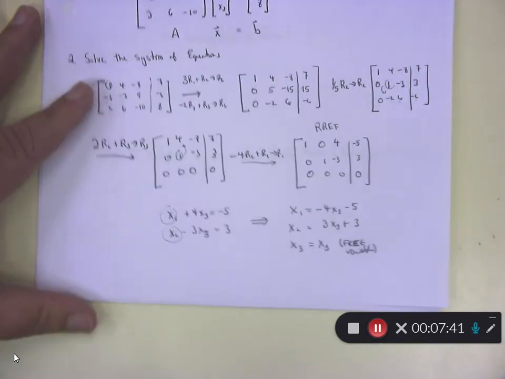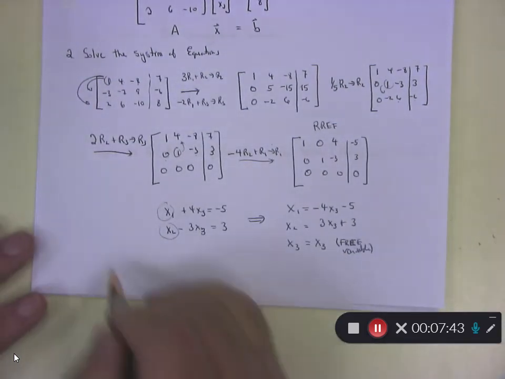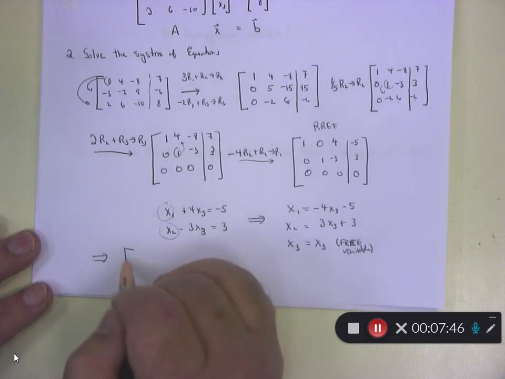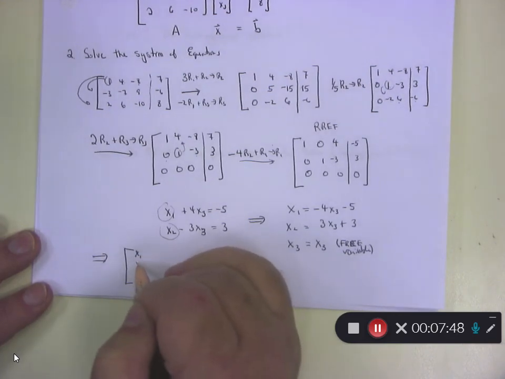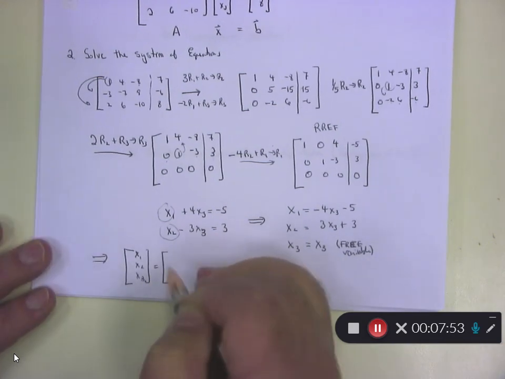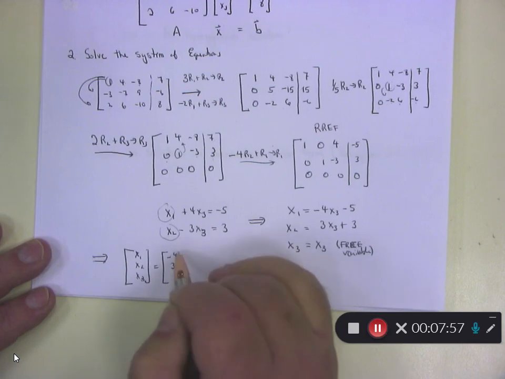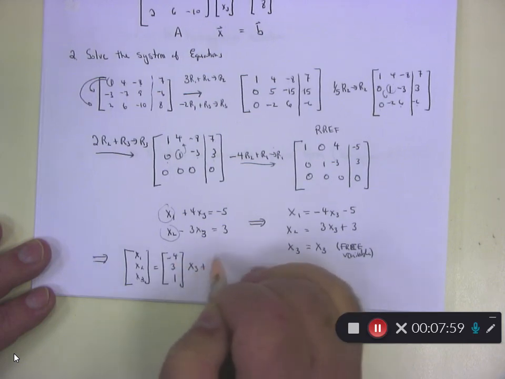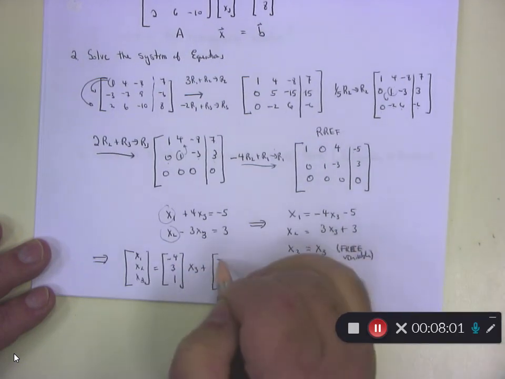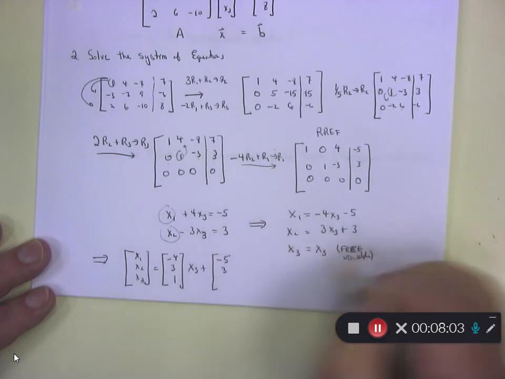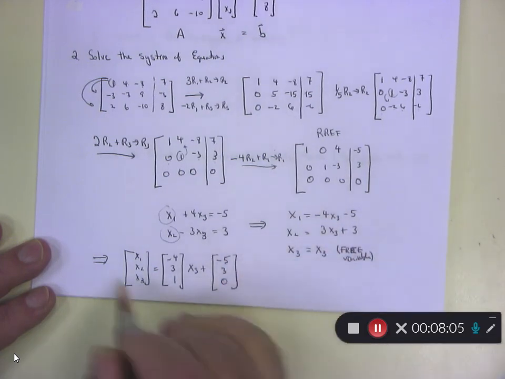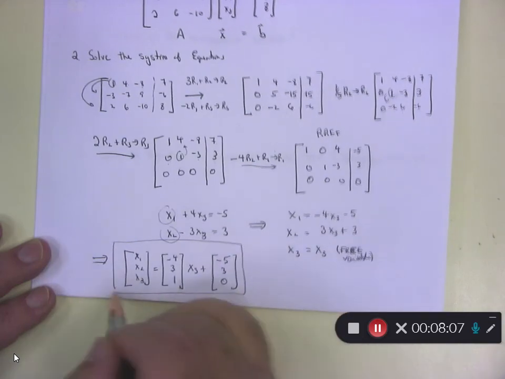So, now to write it in parametric vector form, this leaves me with my answer, writing in vectors. The vector x1, x2, x3 is equal to negative 4, 3, 1 times x3 plus the constant vector negative 5, 3. There is no constant down here, so that would be 0. Does that make sense? There's my answer.